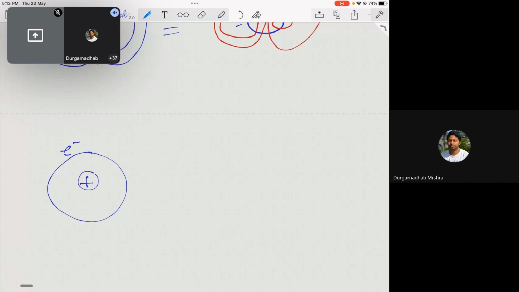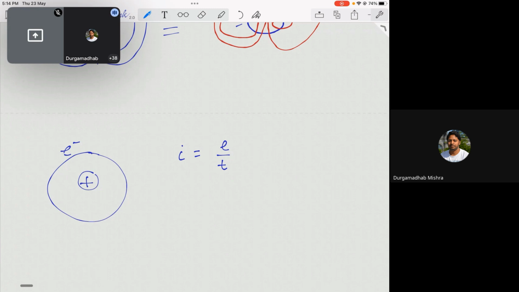Now, if I say this is equivalent to a current, this electron going around the nucleus will produce a current which is e by T, where T is the time period for the electron to take one orbit. But what will be the value of this T?